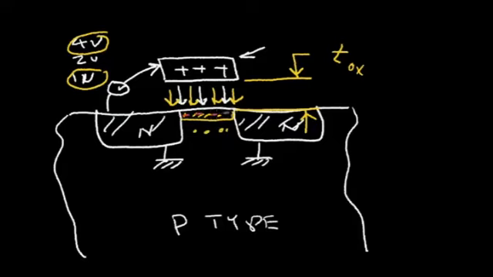It is attracted by this electric field, and we change the conduction of this region under the electrode, and that produces a transistor action from this N region to this other N region. And we'll discuss that further in our next video.